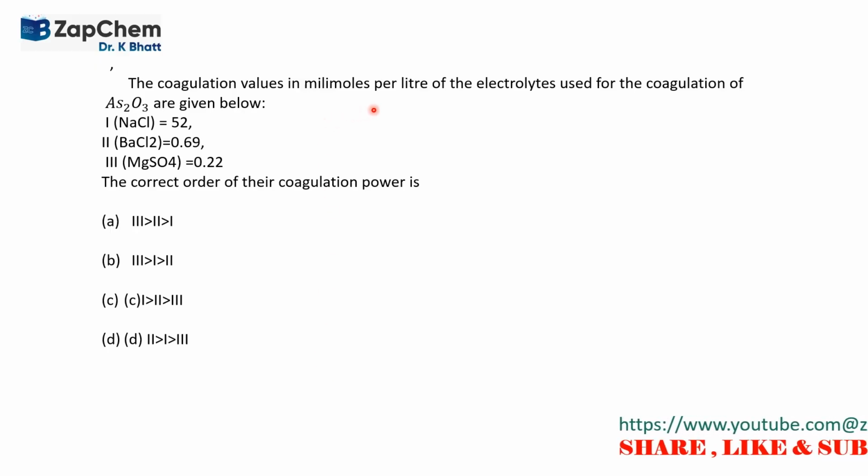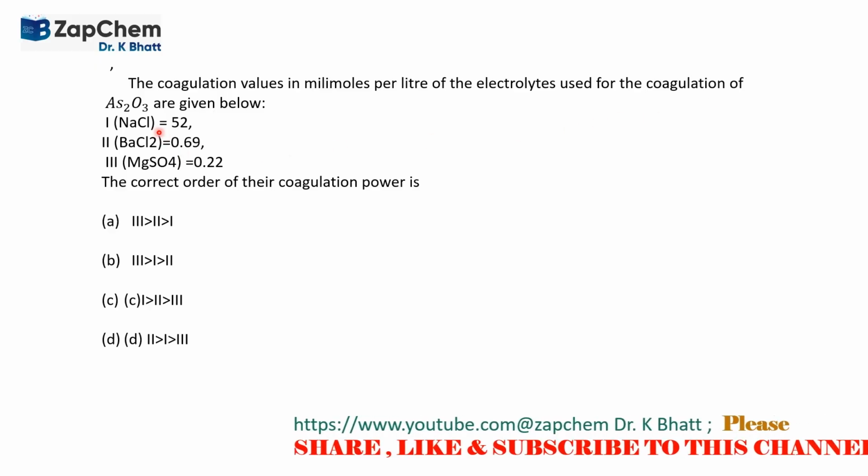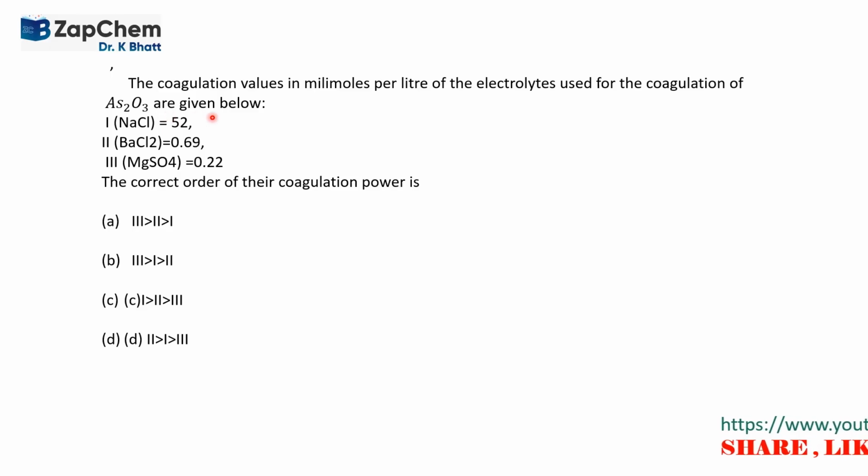Coagulation values in millimoles per liter of the electrolytes used for the coagulation of arsenic trioxide, As2O3, are given below.